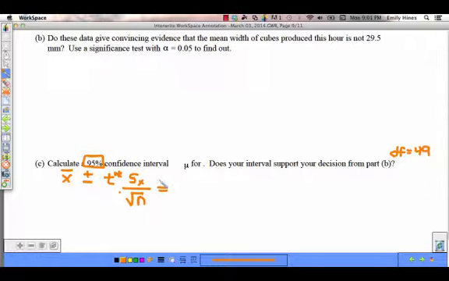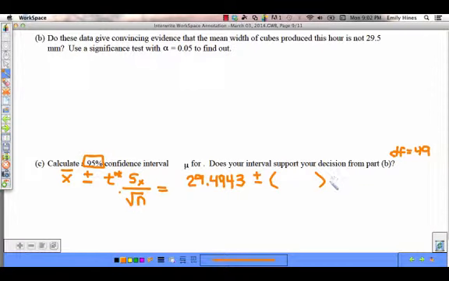Okay, I know all this information. I know that my sample mean was 29.4943 plus or minus whatever I am getting here.